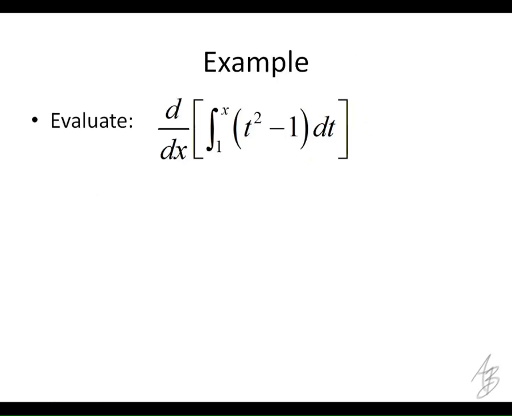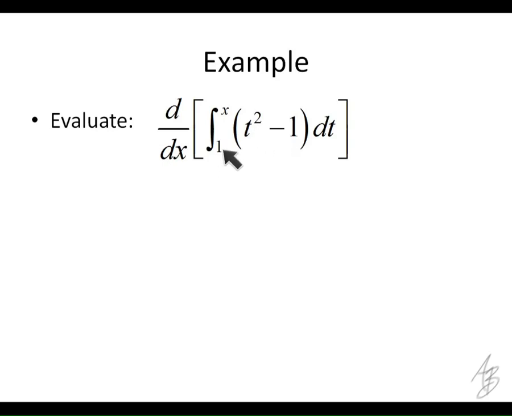Here's what I really want to do to formalize it. What we're going to be doing with this, and we're not going to do a whole lot more than this with it: if we take the derivative of an integral where the upper bound is a what? Is a variable. So if we take the derivative of an integral where the upper bound is a variable, we essentially get the integrand as our answer.